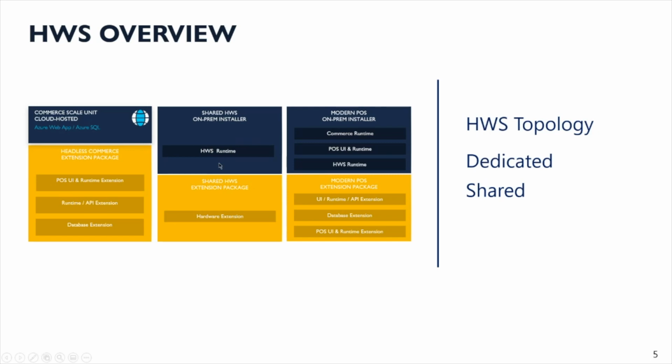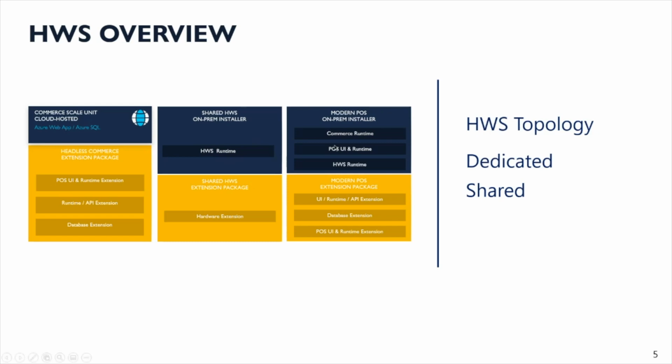And then from the cloud point of sale, you can connect to this shared hardware station installer and communicate with the peripheral. So from cloud point of sale, you'll call the shared hardware station, then the shared hardware station will connect to the device.